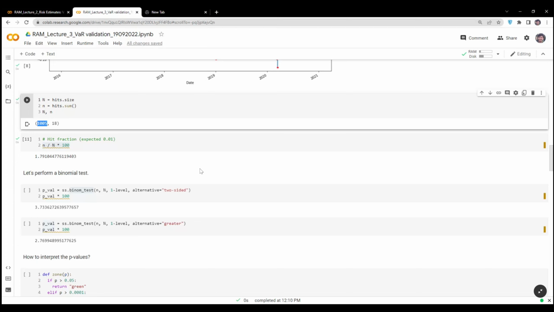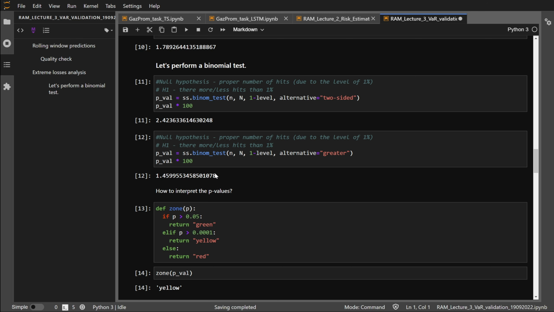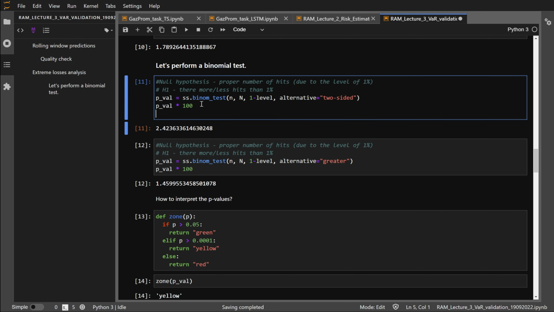Both of these hypotheses actually make sense, and they can be used when assessing the quality of the risk model, but in two different ways, and the result is going to provide different answers. And probably we'll care about these two alternative hypotheses in different contexts.